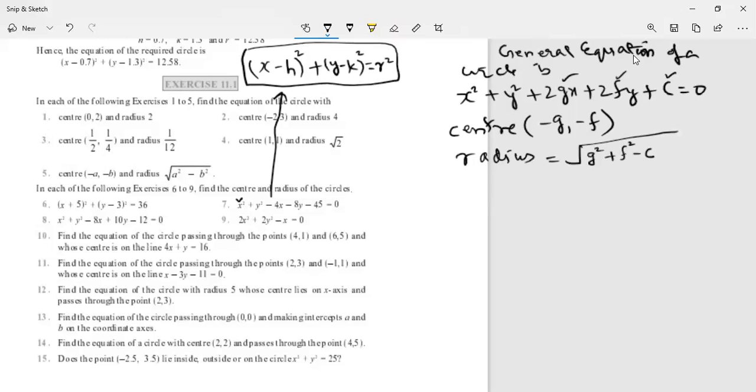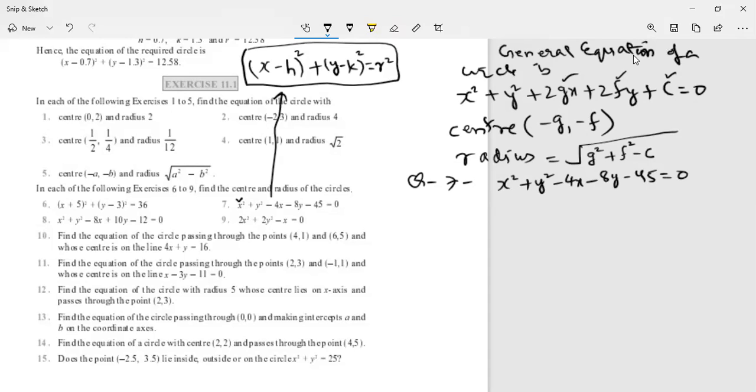Okay, so let us take question number 7 and do it this way. The question is x square plus y square minus 4x minus 8y minus 45 is equal to 0. You have to just take care of the negative sign. While finding g and f, we equate directly and then change the sign to get the center.